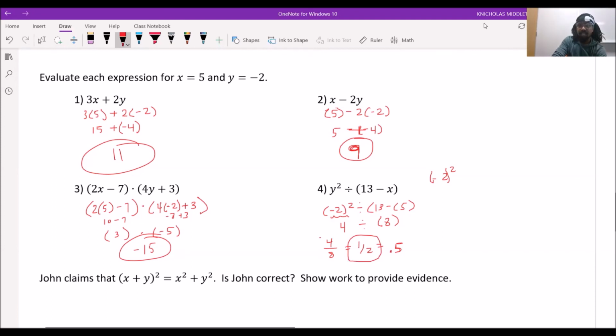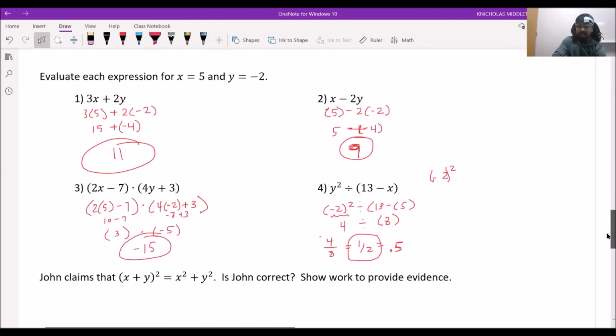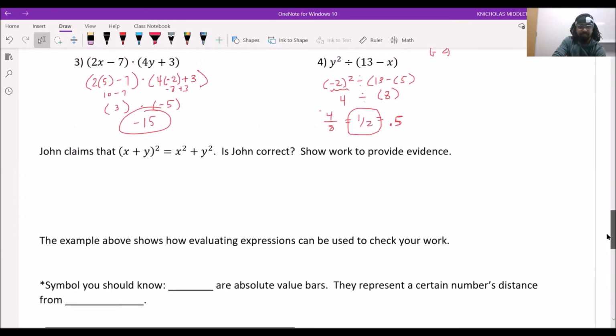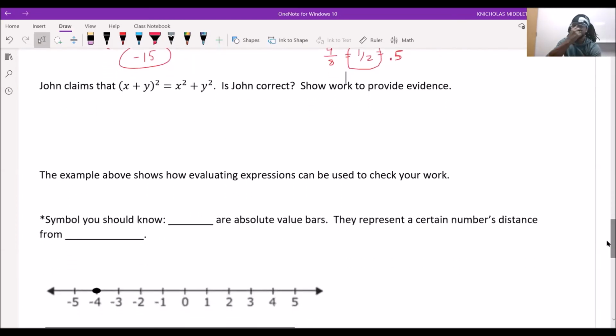All right, so let's look at our example here. It says, John claims that x plus y squared equals x squared plus y squared. Is John correct? So when we look at this, we have the values for x and y. They told us that x was 5, and they told us that y was -2.